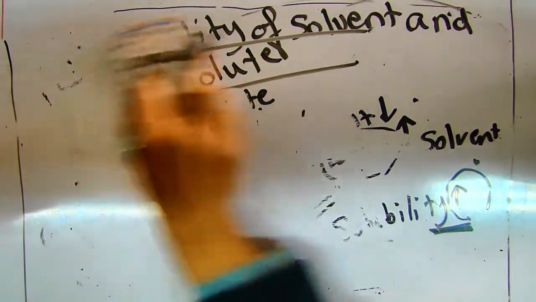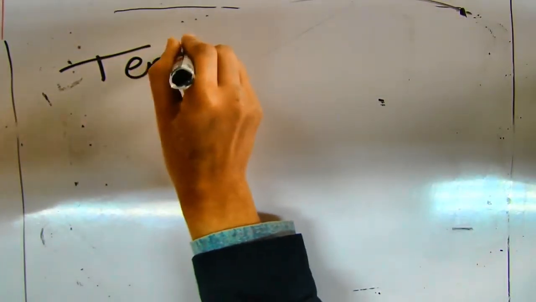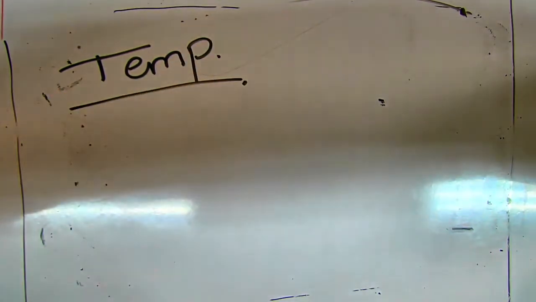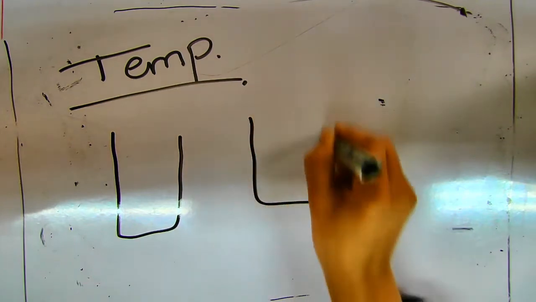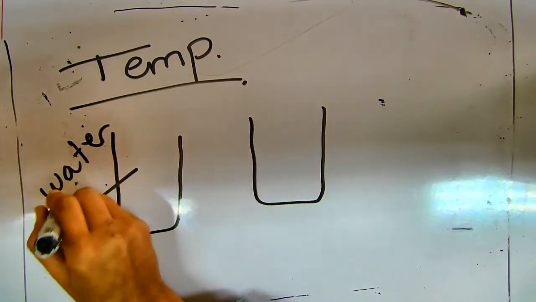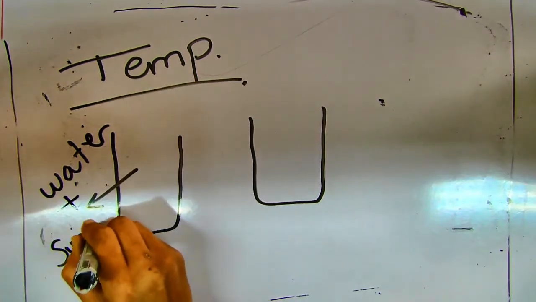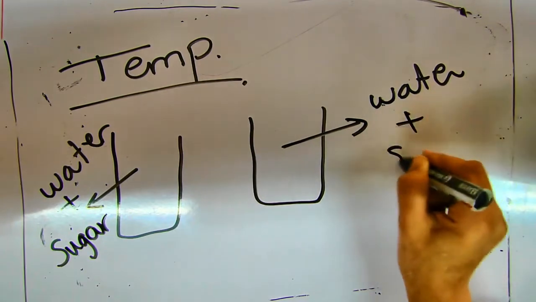Number 2, the temperature. I have two beakers. One contains water and sugar, and the other also has water and sugar.